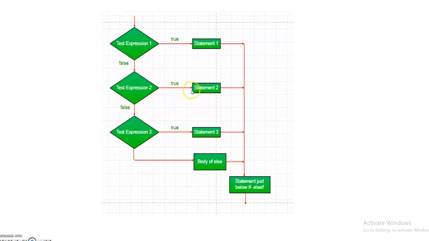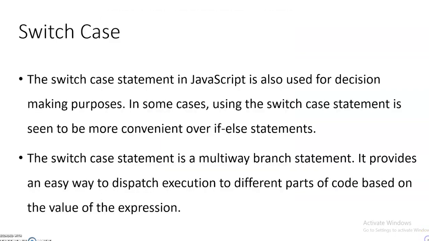If it is true, it executes that statement and skips to the next statement. But if it is false, again there is another test expression. Here the else part acts as a ladder. That is the else if ladder.